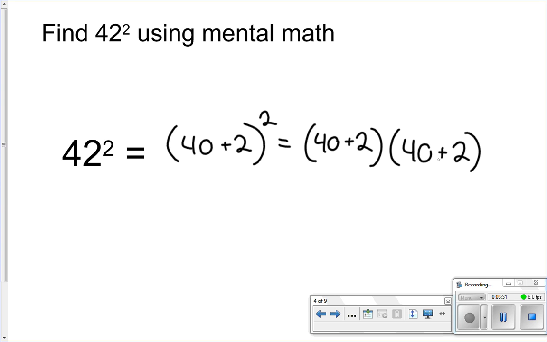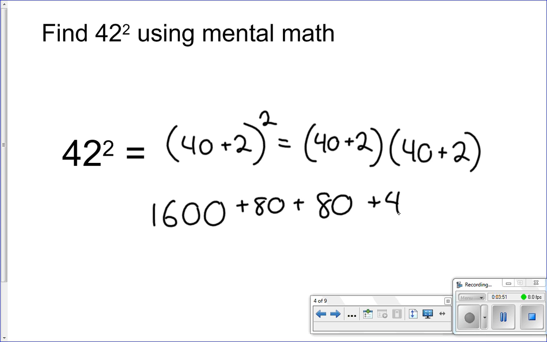I'm just going to work it out with the FOIL method so you can see it. So 40 times 40 is 1,600. 40 times 2 is 80. And 2 times 40 is 80. And then 2 times 2 is 4. So then I put this all together. I have 1,600 plus 80 plus 80 plus 4. And that's going to give me 1,764.